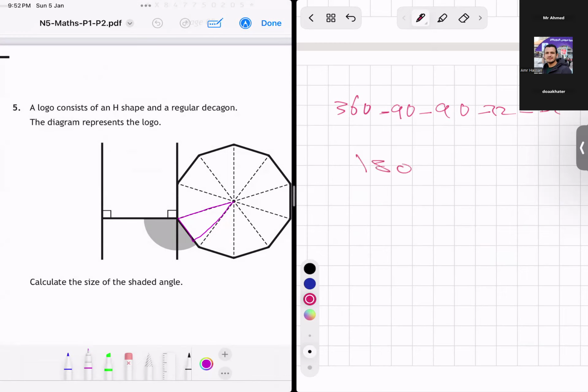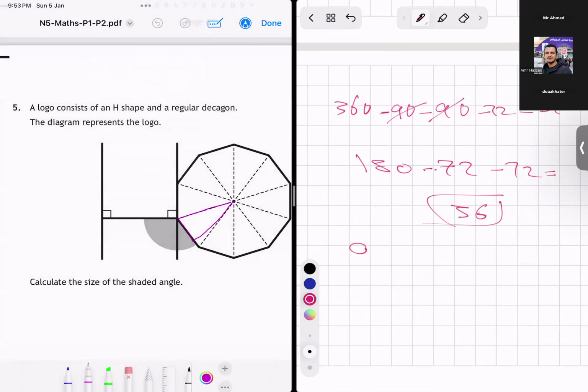It's going to be 180 minus the sum of 72 and 72. So I think it's 36. We have this one is 90, so it's going to be 90 plus 36. Did you understand that?